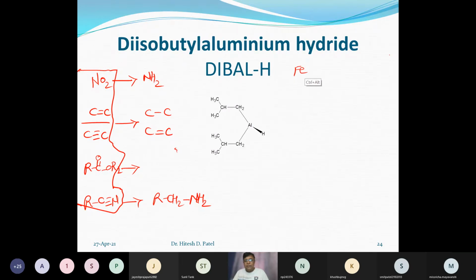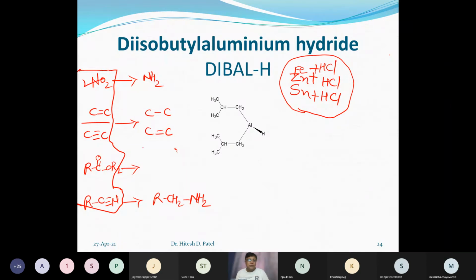We require Fe plus HCl, Zn plus HCl, Sn plus HCl. We require different kinds of metal plus acid for the reduction of the nitro group.